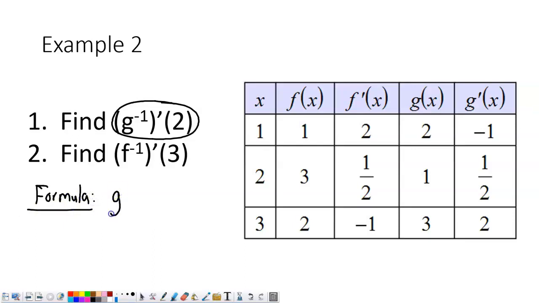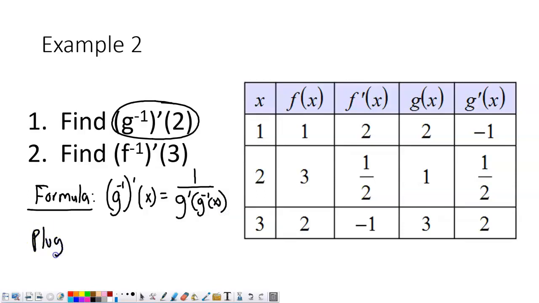So, g inverse prime of x is equal to 1 over g prime of g inverse of x. Okay? After that, you're going to plug in the value that they give you. So in this case, they want us to do 2, so I'm going to plug in 2.